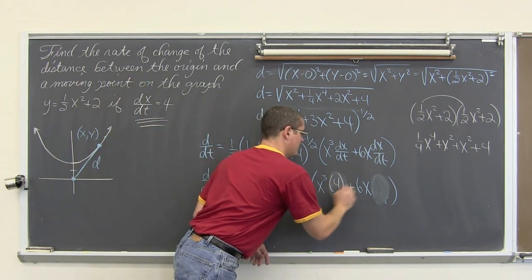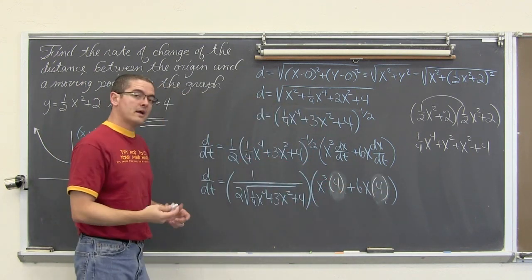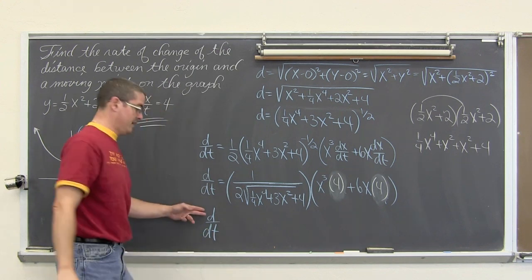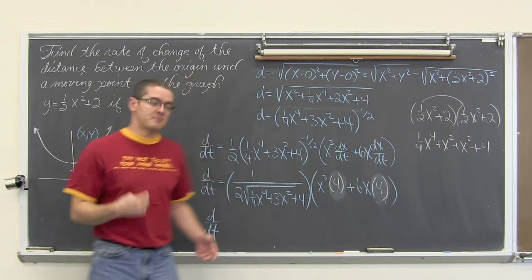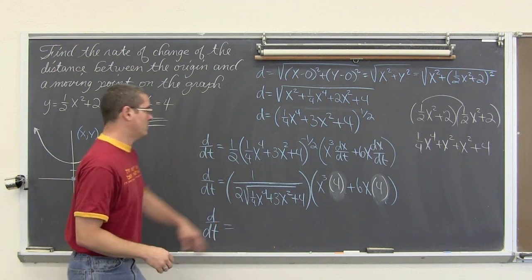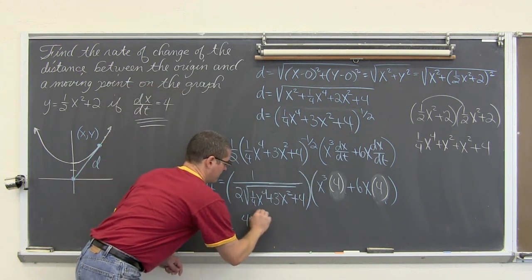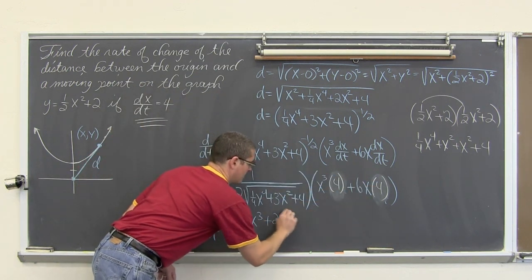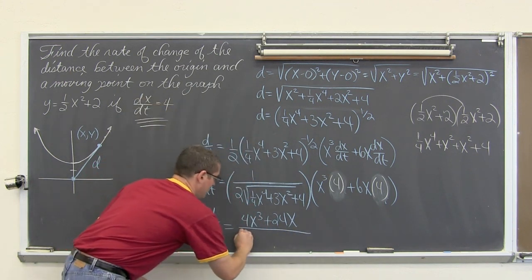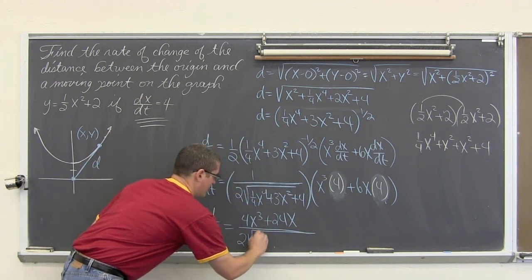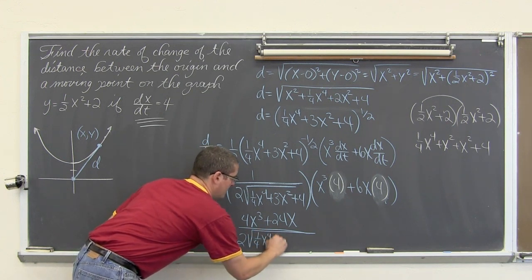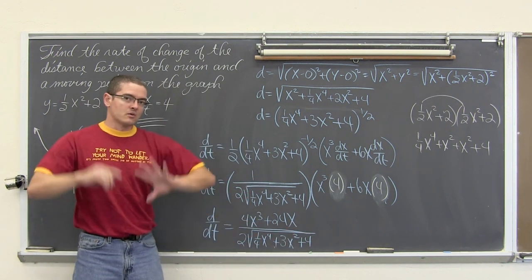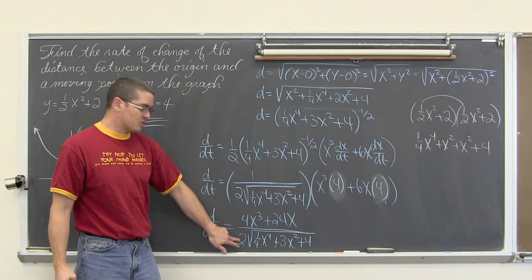So we're going to plug in those values of 4, and write our final answer, which is going to be dd/dt, the change in the distance between this point and the origin with respect to time, equal to 4x cubed plus, now 4 times 6 is 24, so plus 24x, over 2 times the square root of 1/4 x to the 4th plus 3x squared plus 4. Now, this radical sign is grouping all that stuff together in the denominator, and the multiple of 2 is out front.